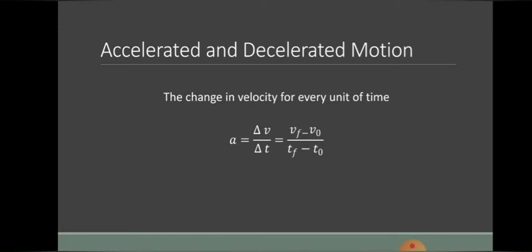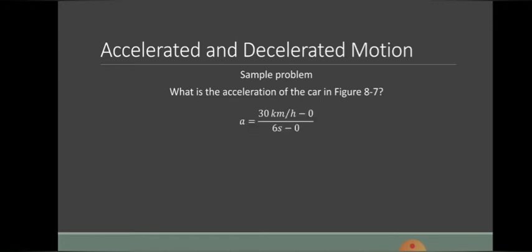The formula in finding the acceleration of an object is A equals the change in velocity over the change in time. Change in velocity equals velocity final minus velocity initial, over time final minus time initial.